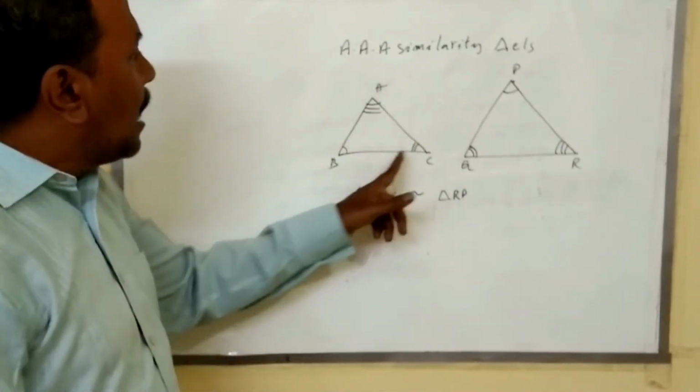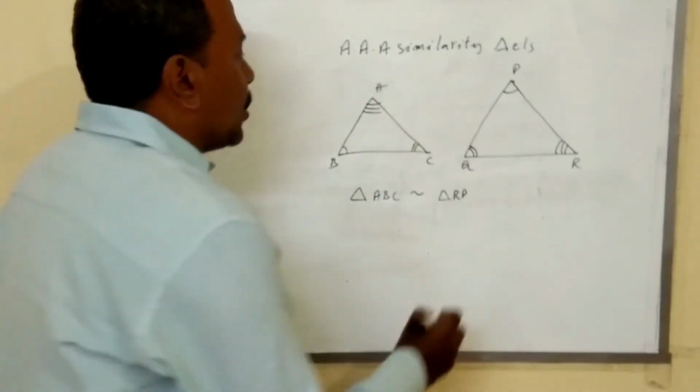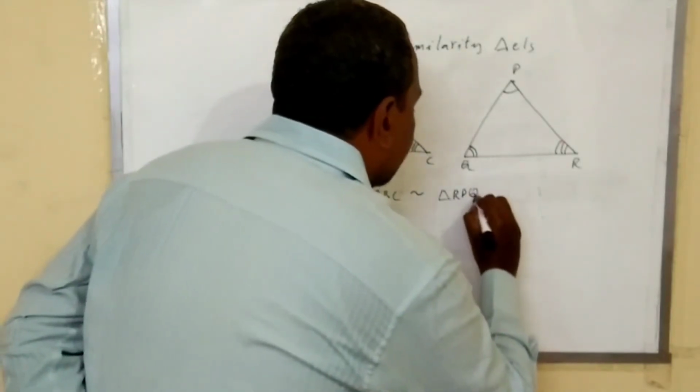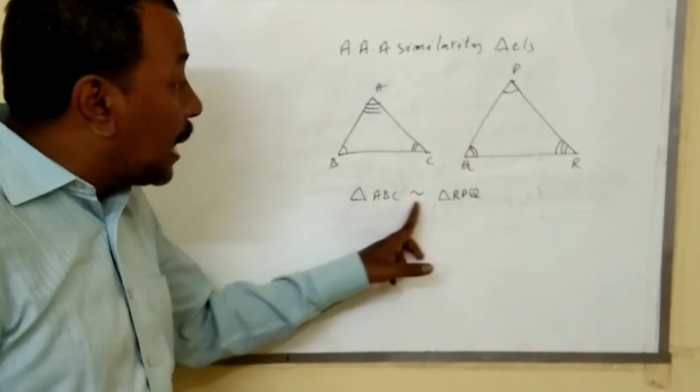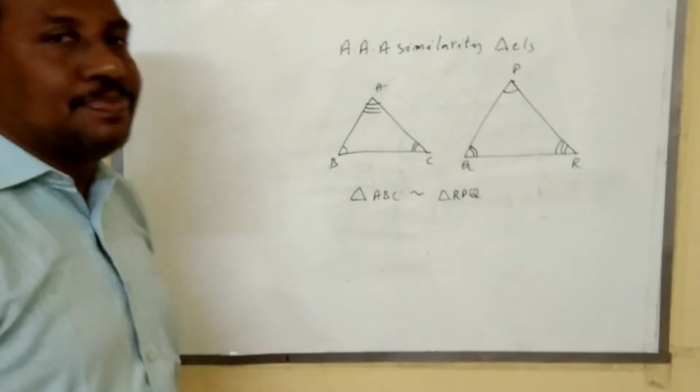Okay, next. Angle C is equal to angle Q, so keep Q here. So how do you write it? Triangle ABC is similar to triangle RPQ.